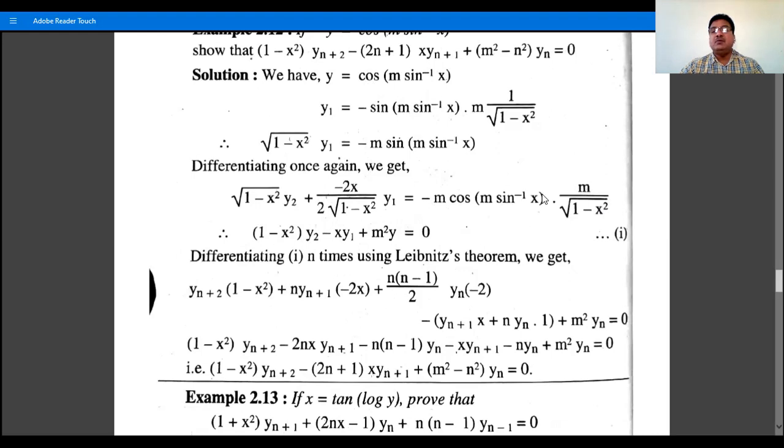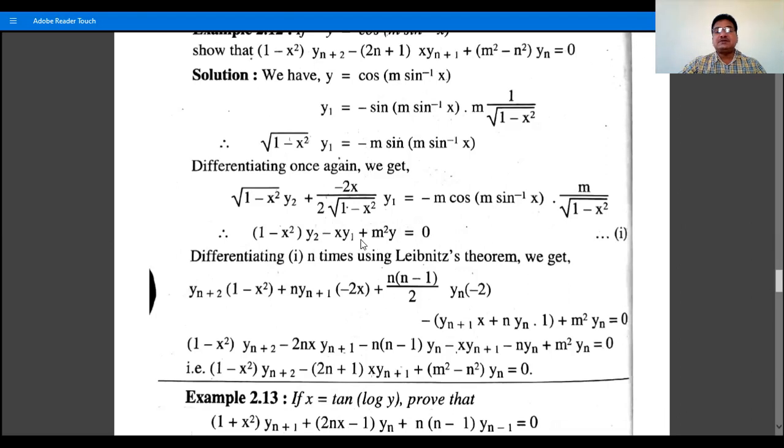So we have minus m square y at this place, and shifting to LHS we have plus m square y is equal to 0. And so this is equation 1, or equation star.